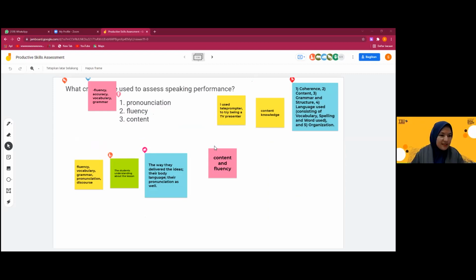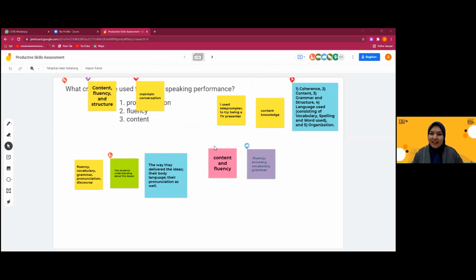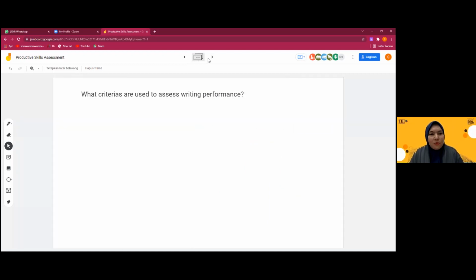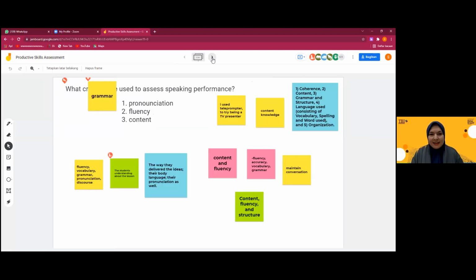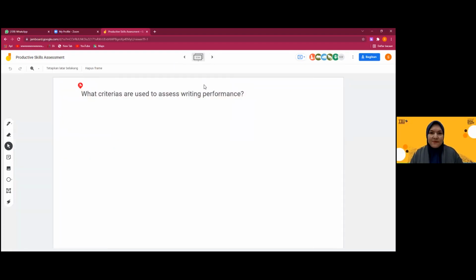You may use the sticky notes, or it is okay to use text as long as it is readable. Bapak Ibu, in the second slide, I invite you to write also about some criteria that you use to assess writing performance.